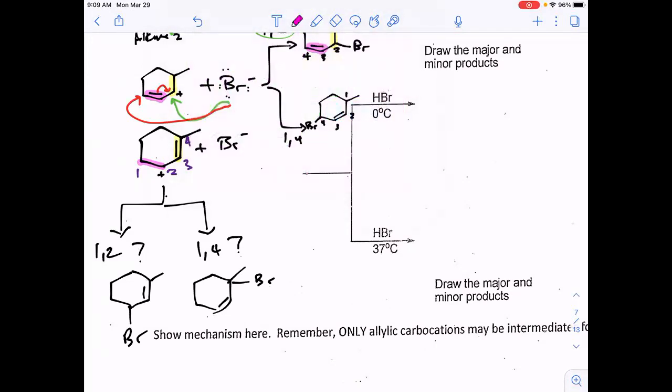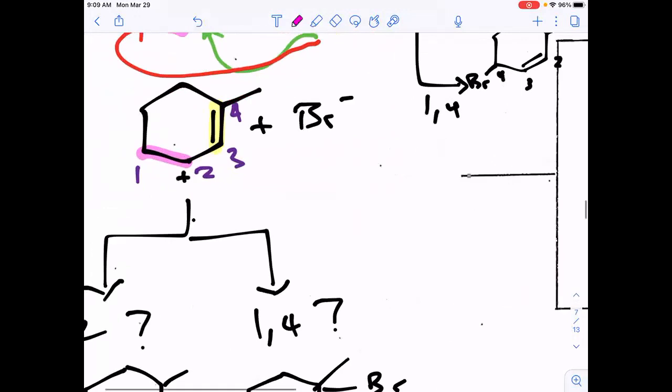With this question, again, it's 1-2 attack versus 1-4 attack. So bromine is either going to go here, and let me fix that arrow, it's going to go to this carbon, or it's going to go to the other one. Anytime you use a conjugated diene, you add HX to it, right?